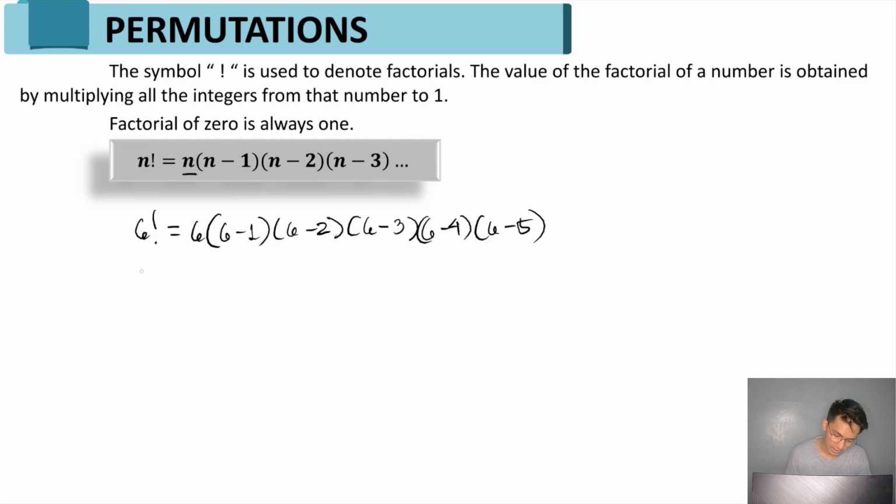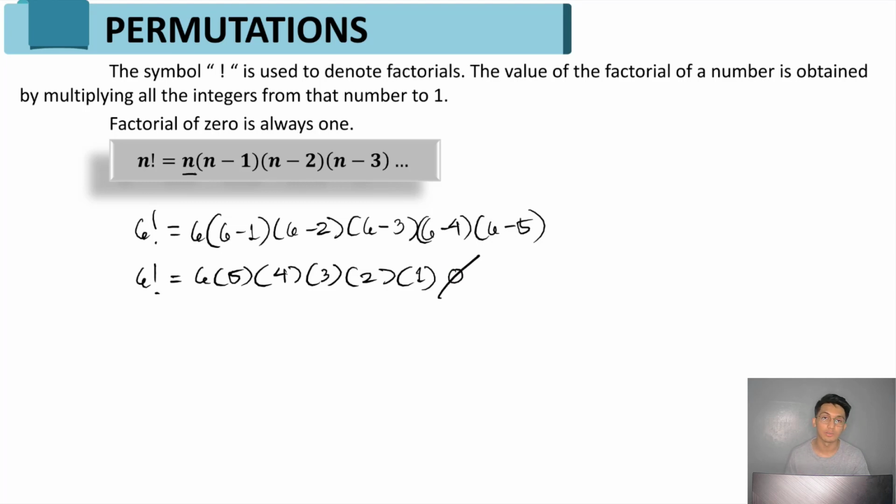So, hanggang dyan na lang. So, 6 factorial is equal to 6 times 5 times 4 times 3 times 2 times 1. Kasi pag nilagay natin yung 0 na yan, lahat yan magsi-0 na. So, 6 factorial now is equal to 720. So, halimbawa, ganyan ang pag-solve ng factorial. So, yun lang yung dapat natin tandaan when it comes to factorial.